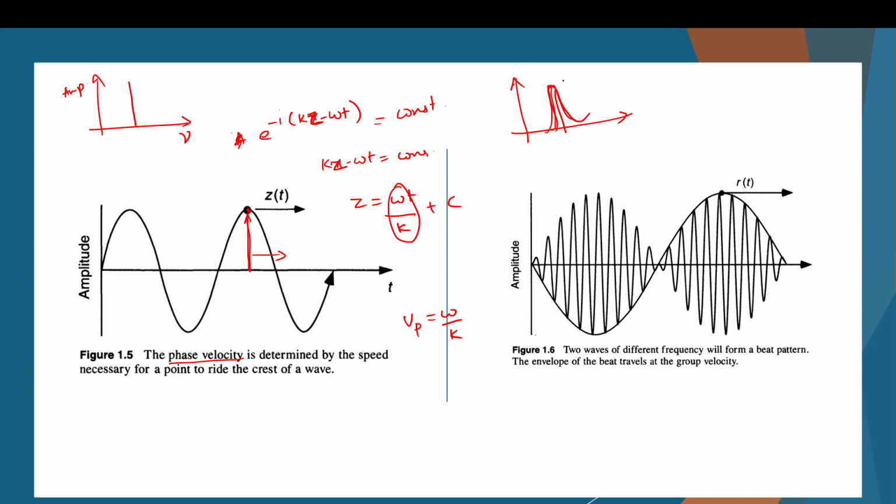So imagine that I have only two frequencies. Starting from a single frequency, let us say I am going to two frequencies very closely spaced. If this is omega, this is at omega minus delta omega, and this is at omega plus delta omega.